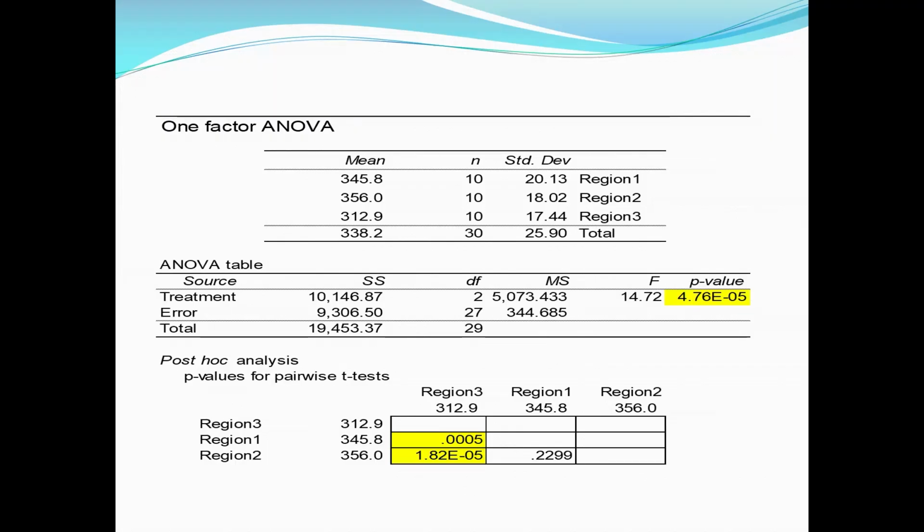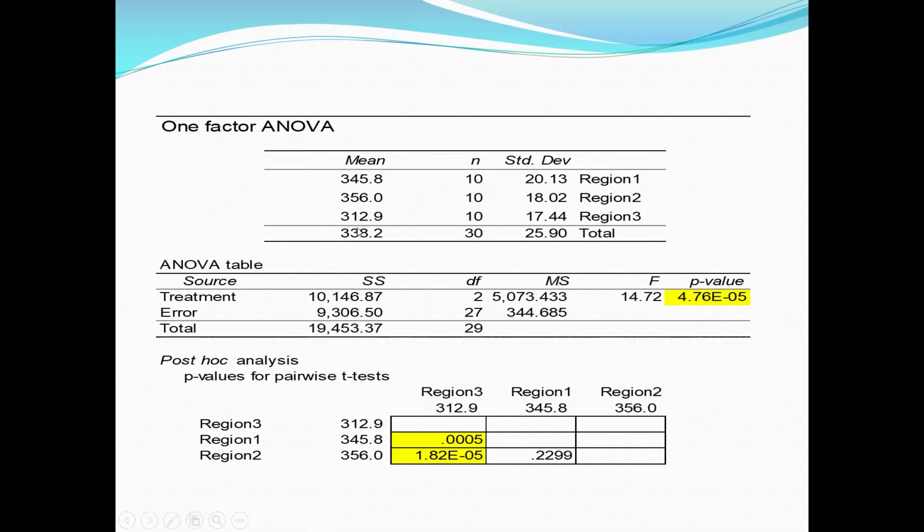So what is the mean? 345 for the first region. The mean sales for the second region for the 10-month period is 356. And for the third region, 312. So there's a lot of difference. 345, 356, 312. In the sample there is difference. Don't doubt about that. Question is, is it applicable to the population? If you take the entire sales of so many years, will you find a difference in the sales of region 1, region 2, region 3?